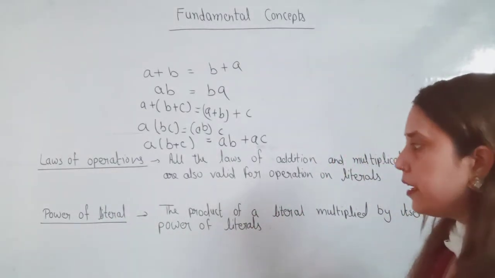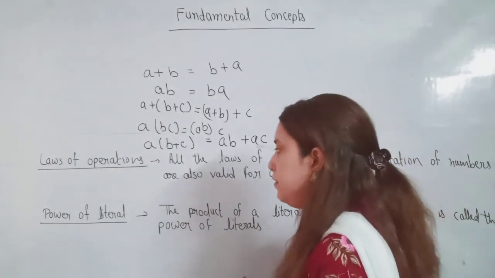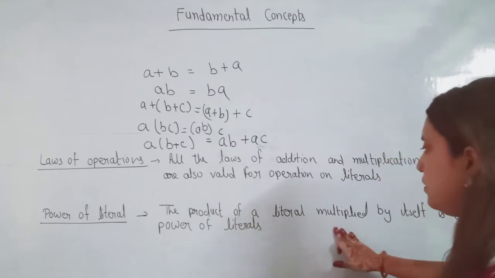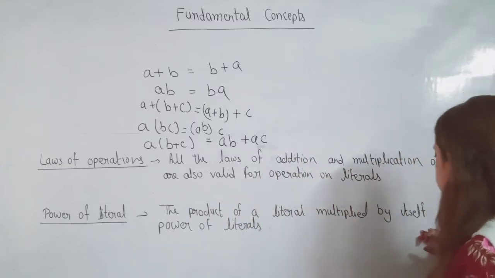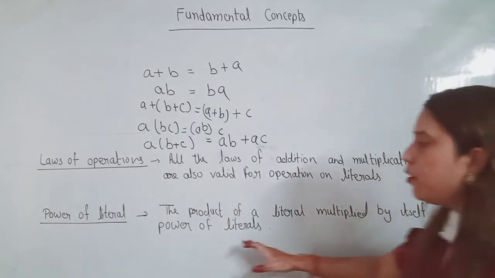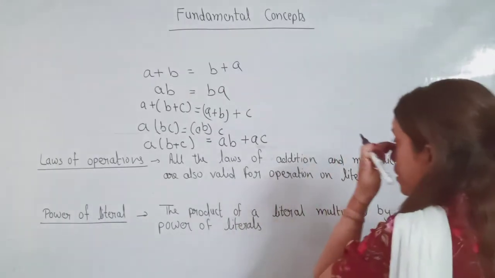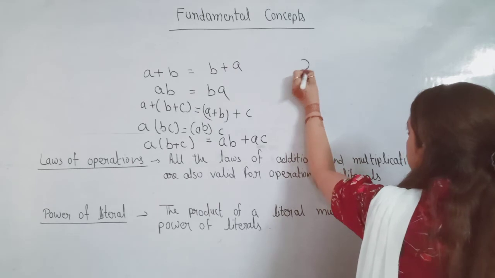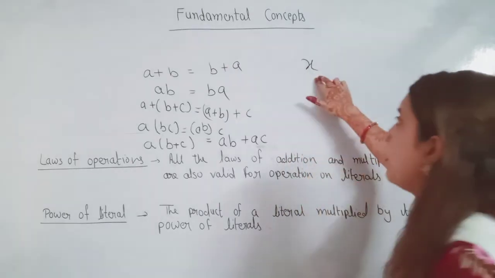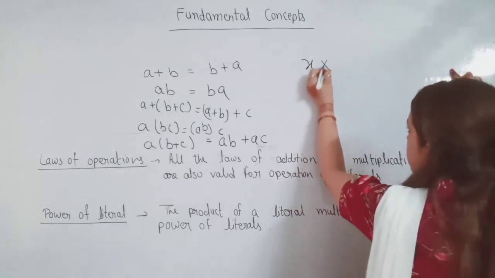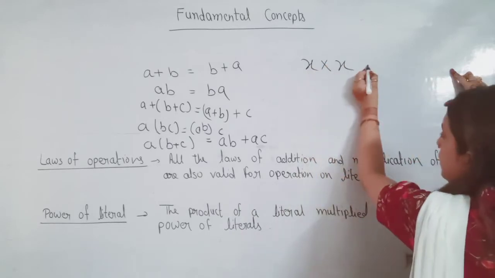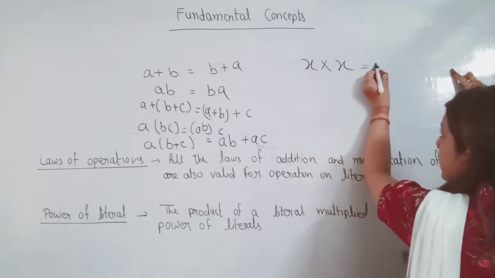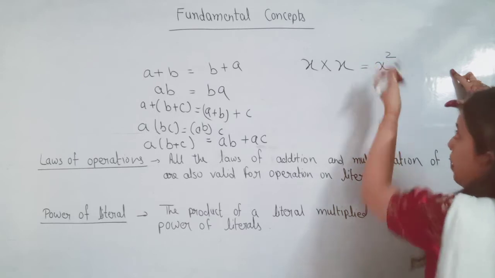Now the next thing, power of literal. The product of a literal multiplied by itself is called the power of the literal. Suppose we are having a variable x. When we multiply it by itself, x 2 times, we write x raised to the power 2.